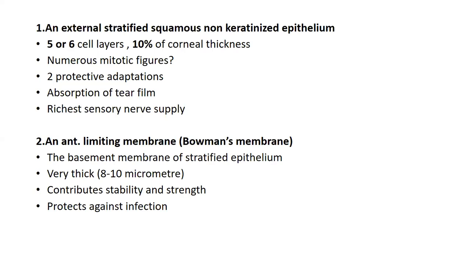The basal layer of cells regenerates and the superficial layer of cells sheds, and this is responsible for continual renewal of this epithelium. That's why if this epithelium is damaged, our body can replace it with the help of proliferation of the basal layer of cells, and these basal cells are provided by the stem cells present in the canal of Schlemm at the level of the limbus.